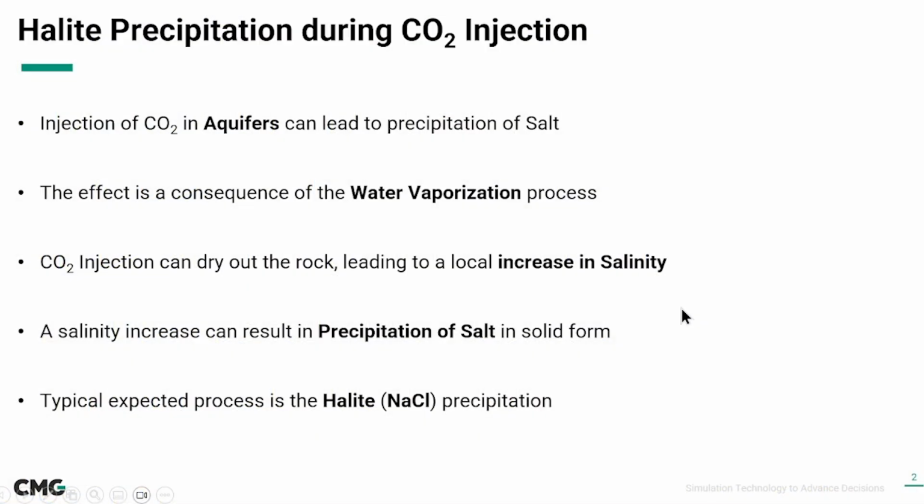Injection of CO2 in aquifers can lead to precipitation of salt. We know that this is a consequence of the process of water vaporization, which happens as we inject gas into a water-saturated region.